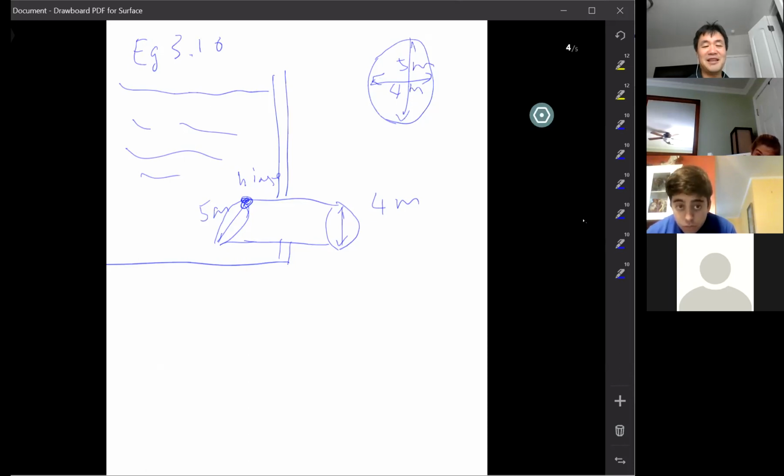So let me ask you, why do they want to cut the pipe like this and add the door there? Why not just cut vertically and add the door there? Is the hinge holding a plate to block the water from going in?